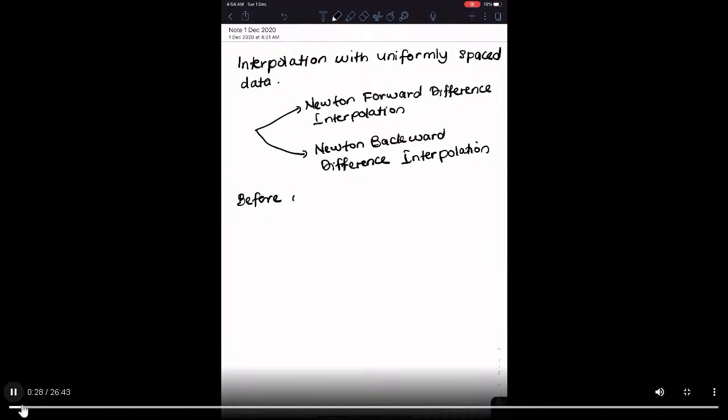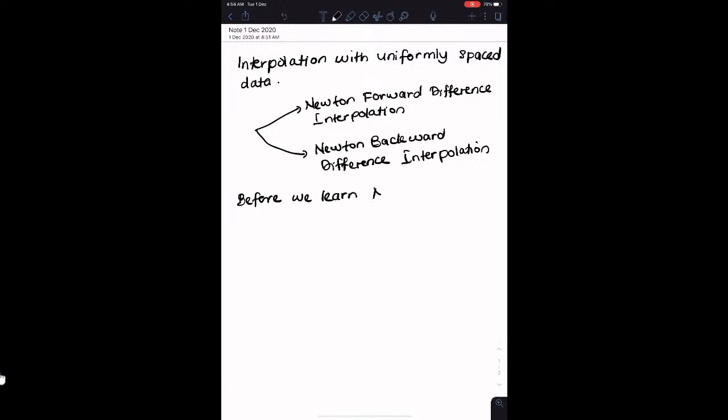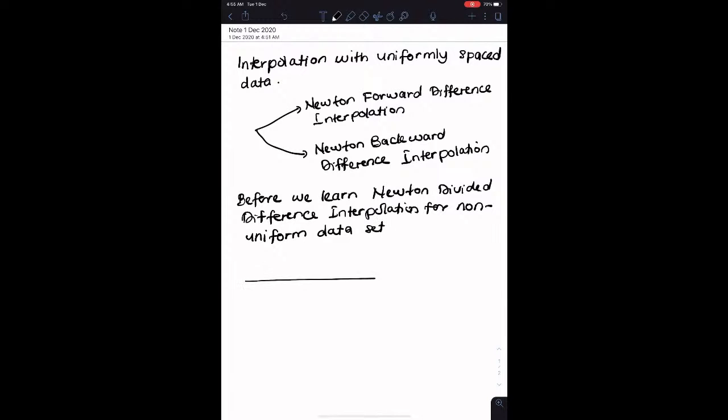Let me remind you, before this we learned non-uniform data, and we used the Newton divided difference interpolation method for writing the formula and finding the missing data. So let's now focus on the Newton divided difference formula.